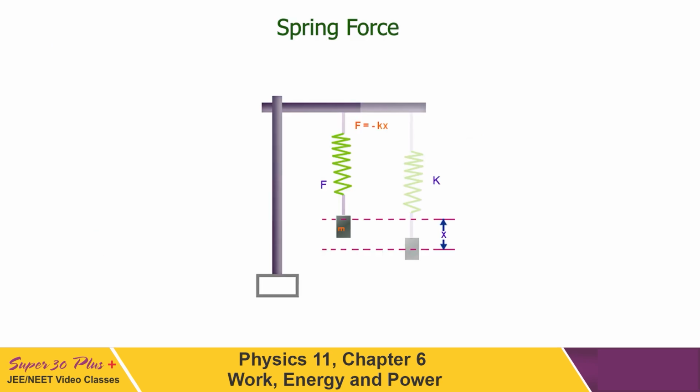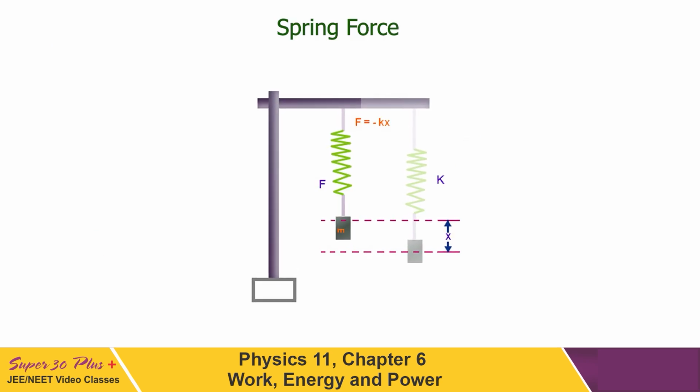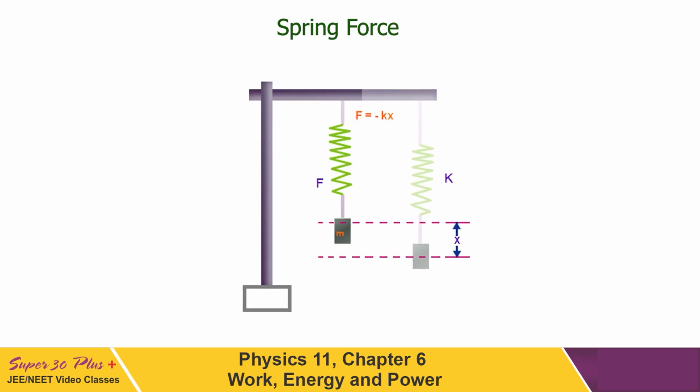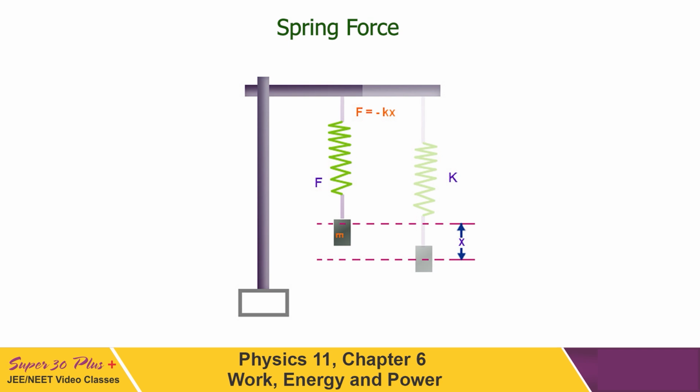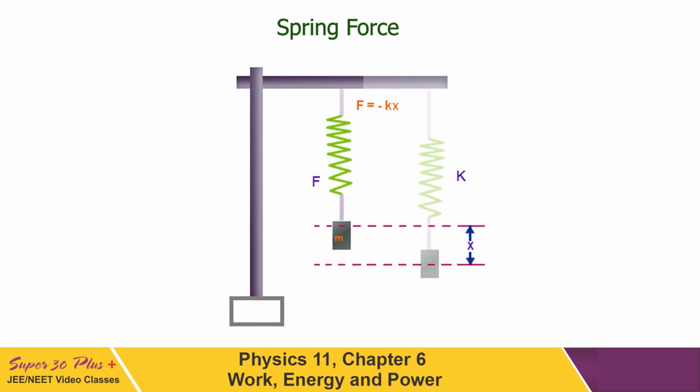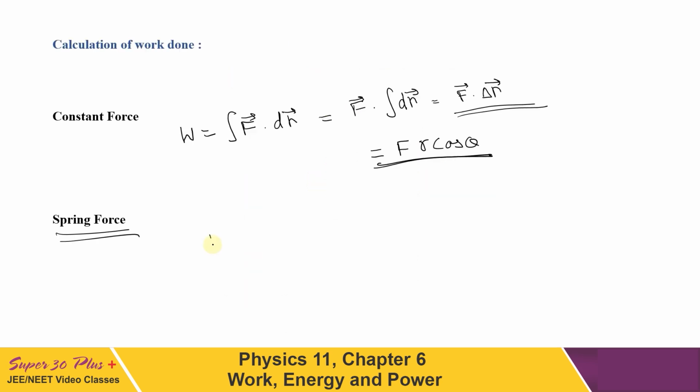The next is spring force. Now this is a force which is not constant. We know that spring force is given by kx, where x is extension or compression in the spring. So with application of force, this x will keep on changing. So how do we calculate work done then? Let us write F dot dr. Now if extension is in direction x, I am taking a particular direction, then it can be written as F multiplied with dx.